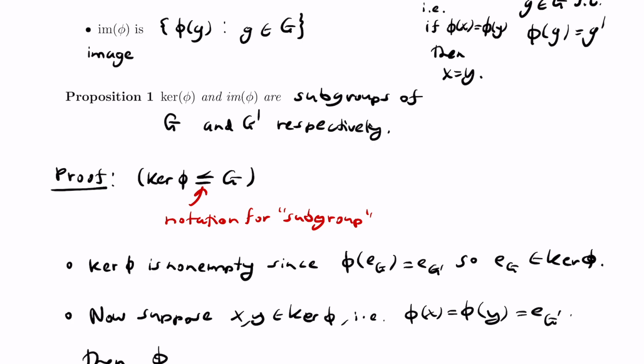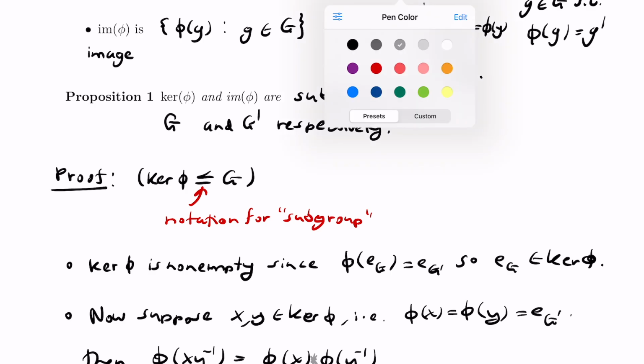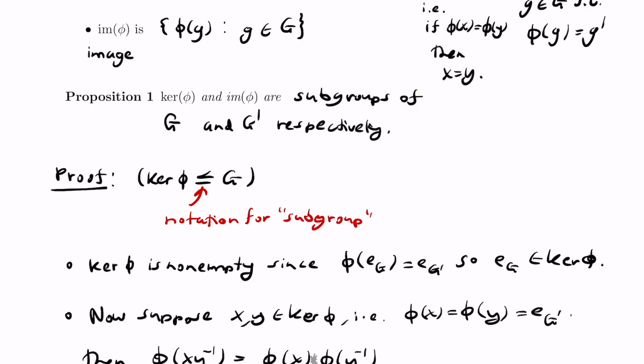Then let's look at what happens when we apply xy inverse. According to how homomorphisms work, this is phi of x times phi of y inverse. A thing for us to notice here is that implicitly there's a star here. That's the operation, but typically we just leave the operation out because it's implicit what it is.